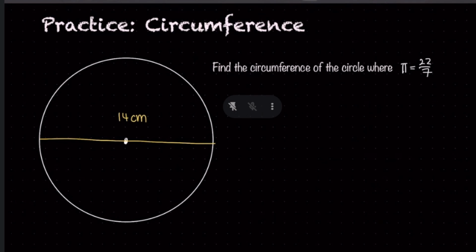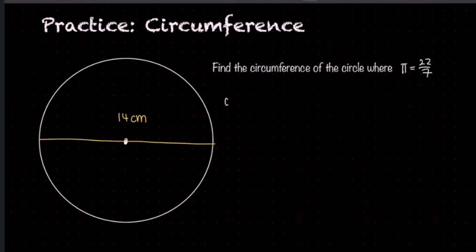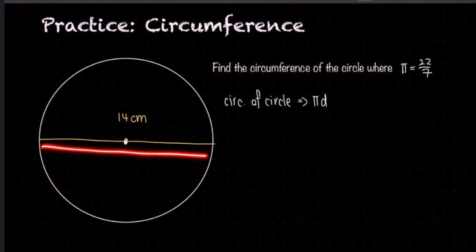Let's find the circumference of the circle where pi is equal to 22 over 7. So first things first, we're going to write the formula. Circumference of circle, and that would be pi d. I'm using d now because here we have the diameter.